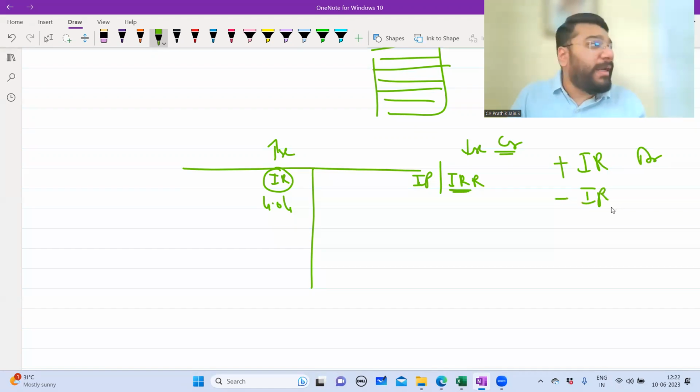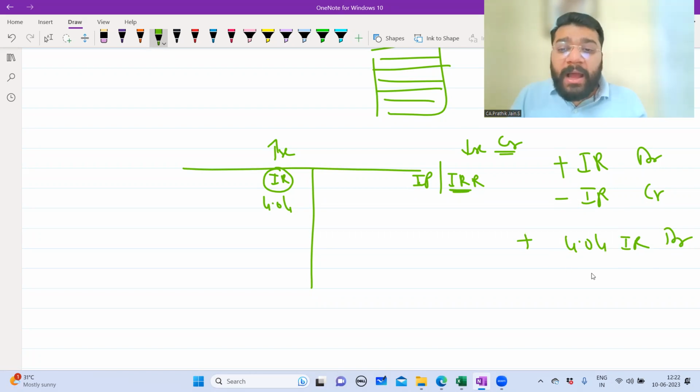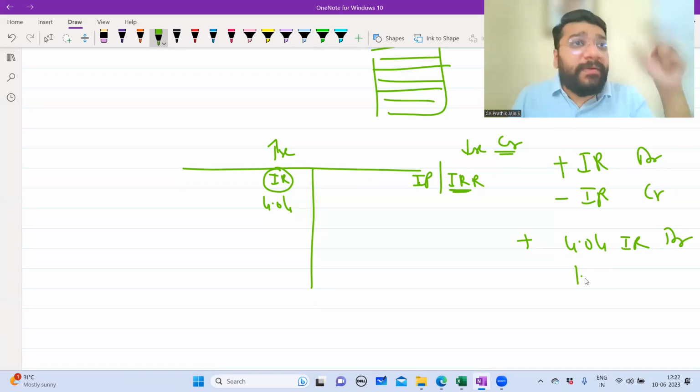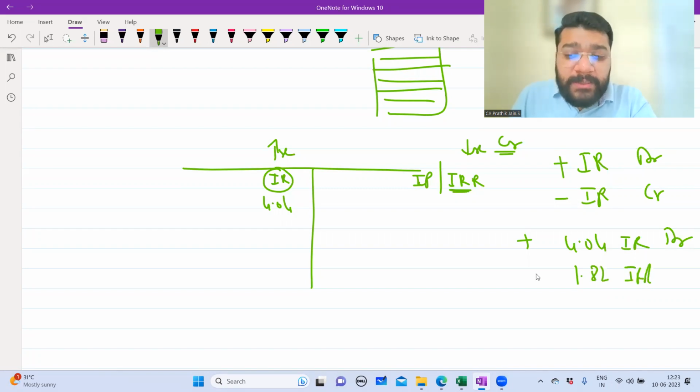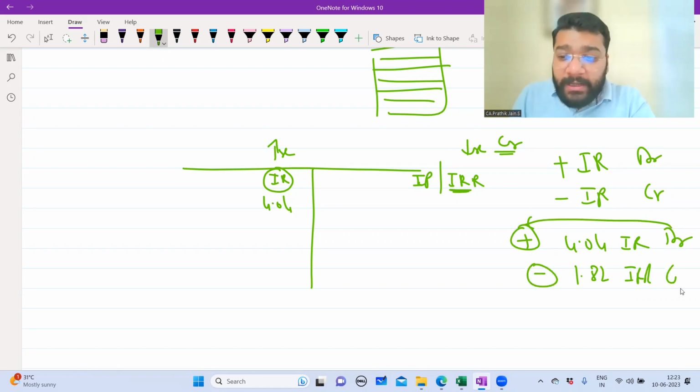Minus interest receivable. Correct, no? Credit. For example, 4.04 is interest receivable. Am I right? Positive. Debit. Now, I want to reduce this interest receivable. So what will I do? How much was interest receivable reversal? 1.82. So can I say interest receivable reversal means minus? In accountancy, if debit is plus, then minus will be credit. So what is the net amount?